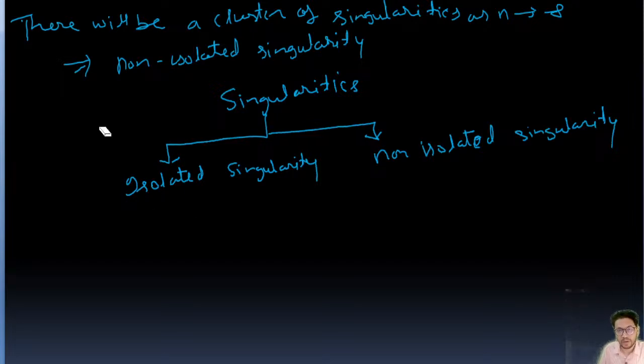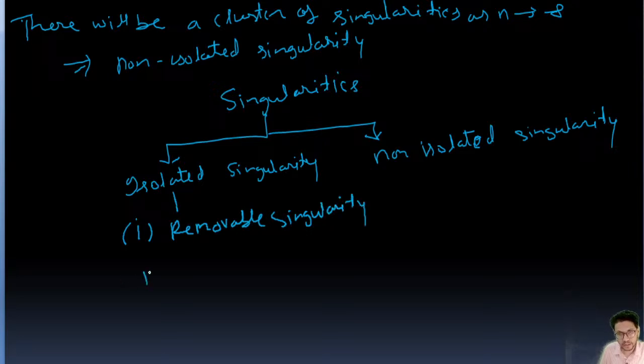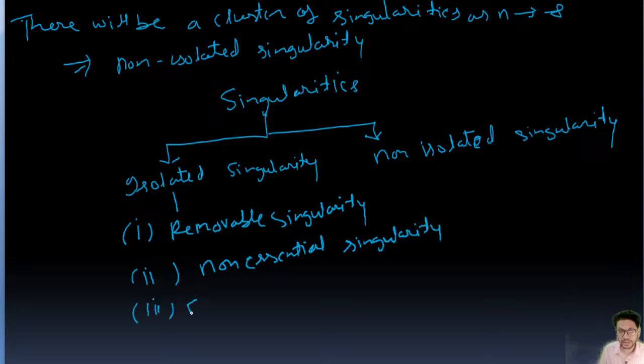Isolated singularity is divided into three parts. Number one is removable singularity. Number two, non-essential singularity, and number three, essential singularity.